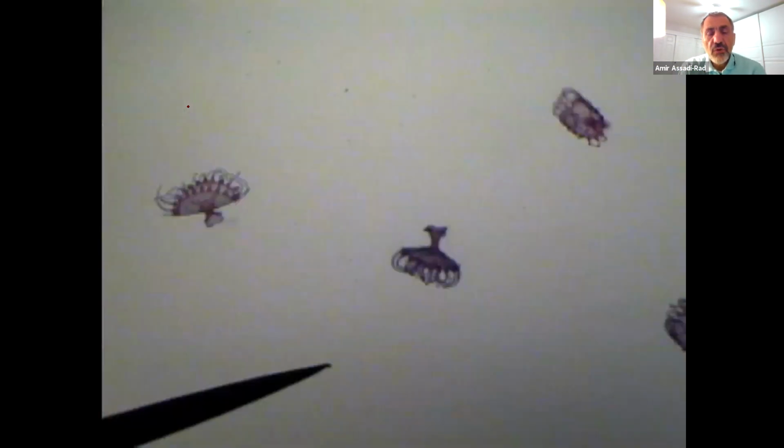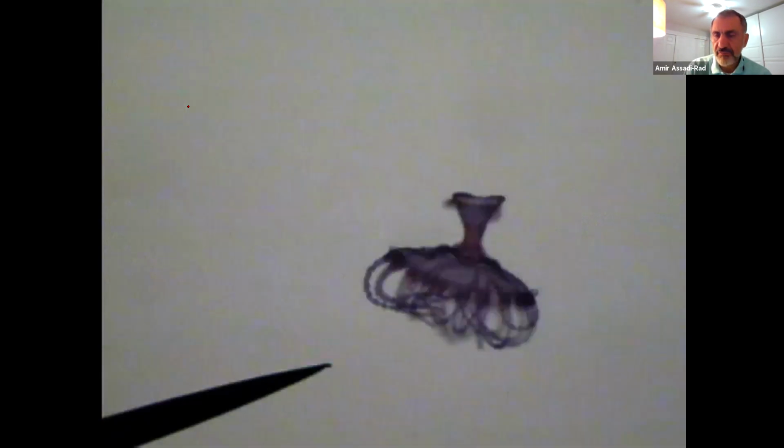These are your Medusa buds of the Obelia. Obelia belongs to class Hydrozoa, and these are called Medusa buds. Higher magnification of Medusa buds, and that's all you have to know. What is the name of the structure of the Medusa bud?